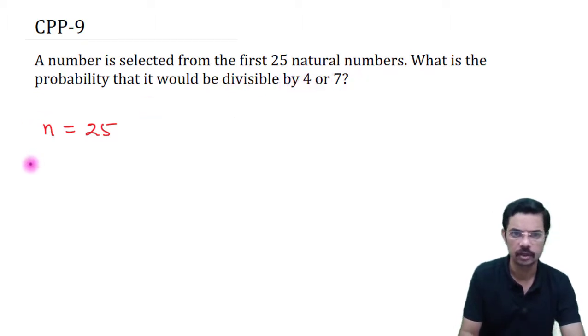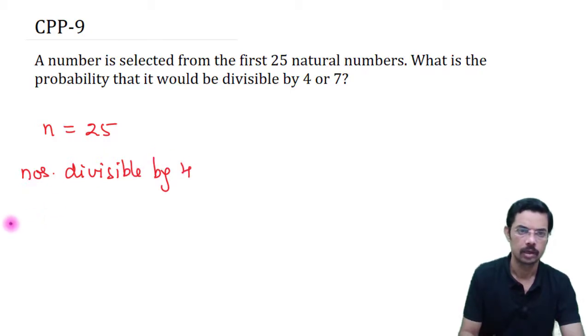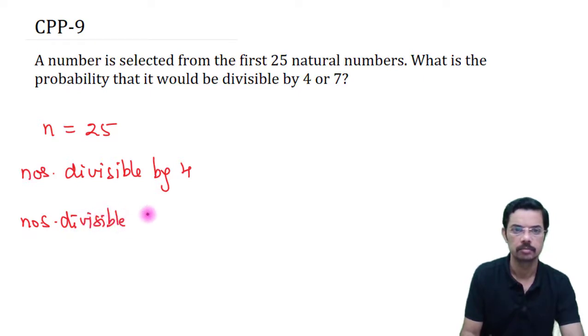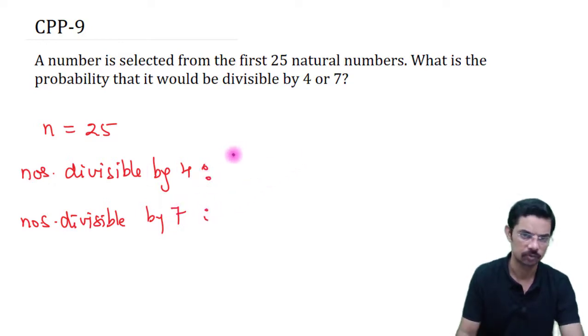So first of all, let us write down the numbers divisible by 4 and the numbers divisible by 7.